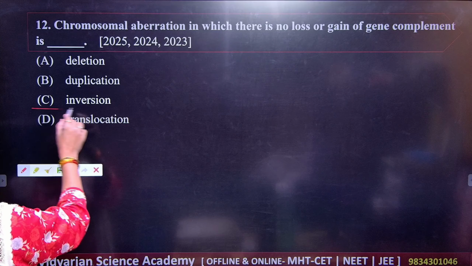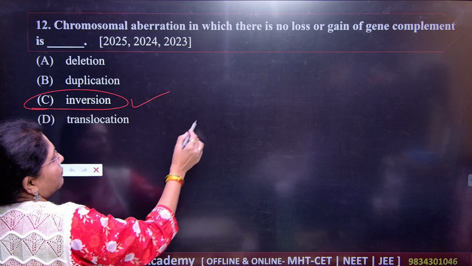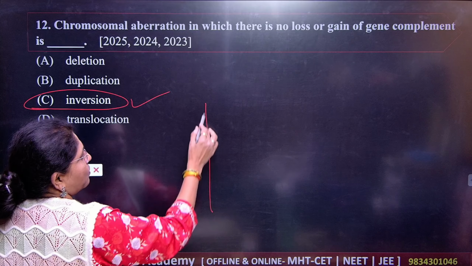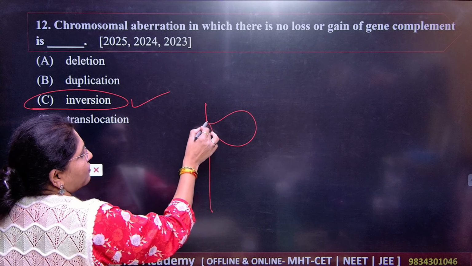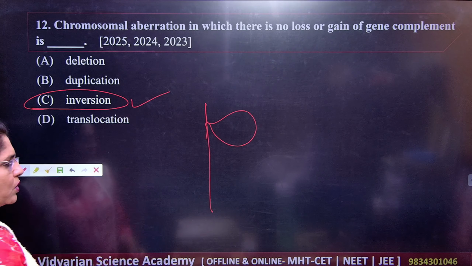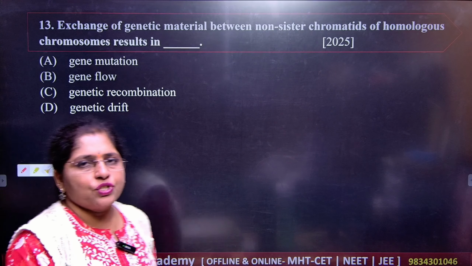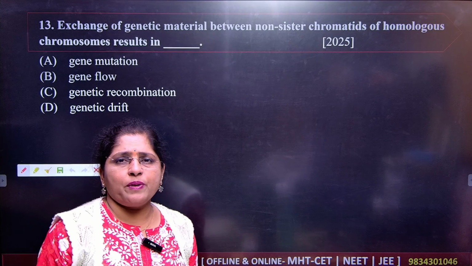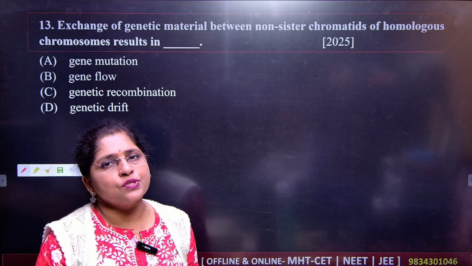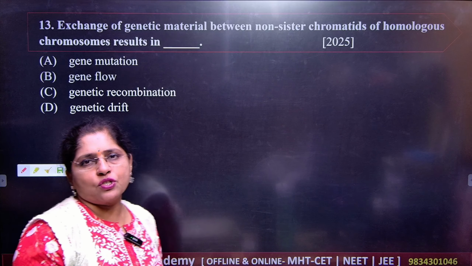So, that is the correct answer, inversion. You know that if this is the chromosome, here you will have the inversion, and inversion will give you what here? Change in the sequence of what here? Genes, which leads to the expression of different characteristics, meaning what here? You are getting the mutations, right?